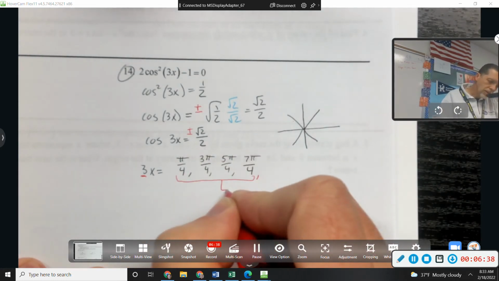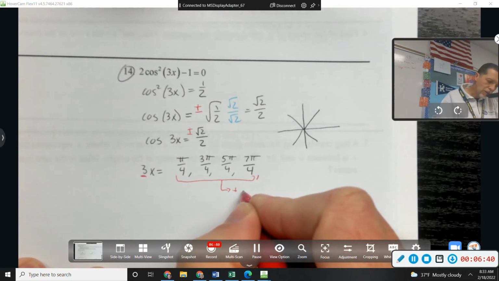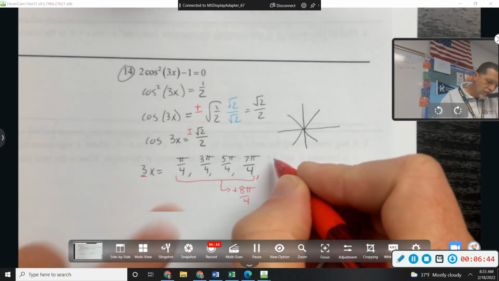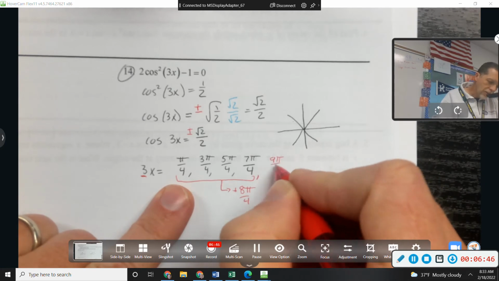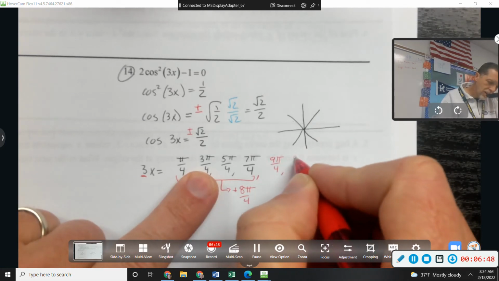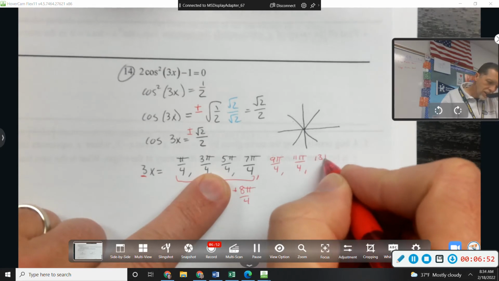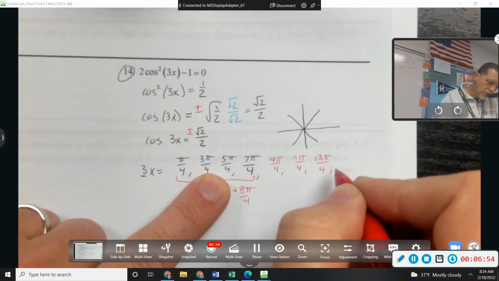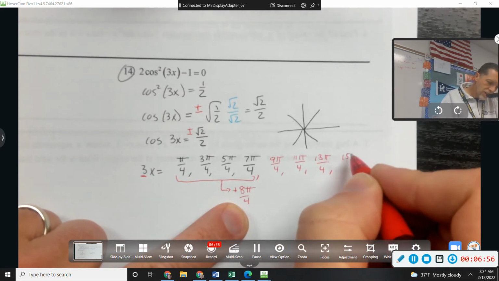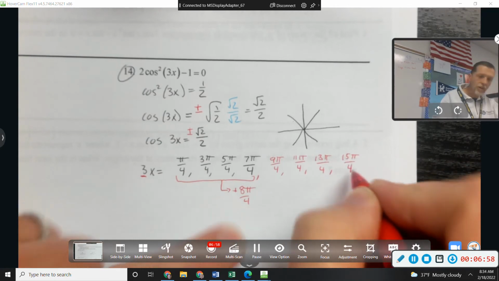So let's do it this way. If I add, let's see, pi over 4, that would be 8 pi over 4. So 9 pi over 4, 11 pi over 4, 13 pi over 4, 15 pi over 4.